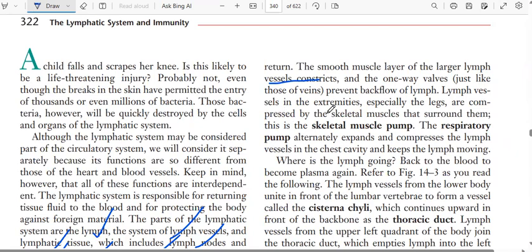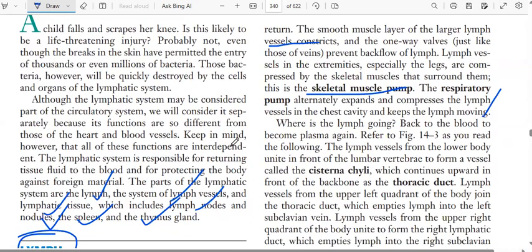Lymph vessels in the extremities, especially the legs, are compressed by the skeletal muscle that supports them. This is the skeletal muscle pump. The respiratory pump alternately expands and compresses the lymph vessels in the chest cavity and keeps the lymph moving.